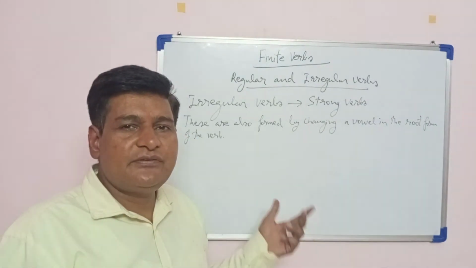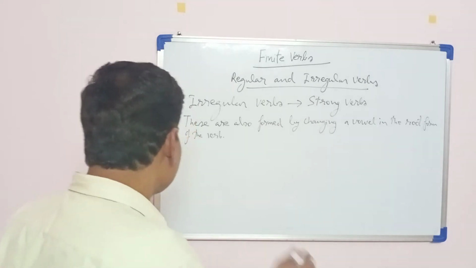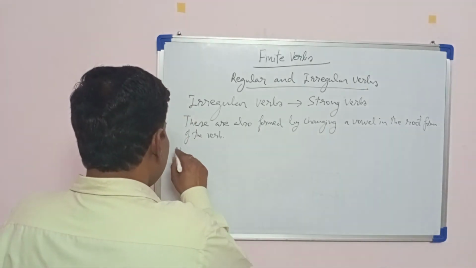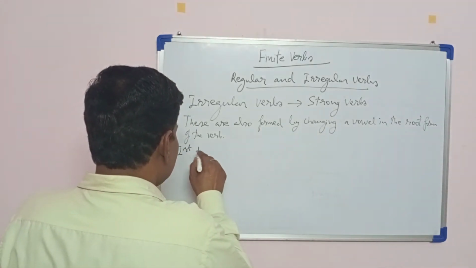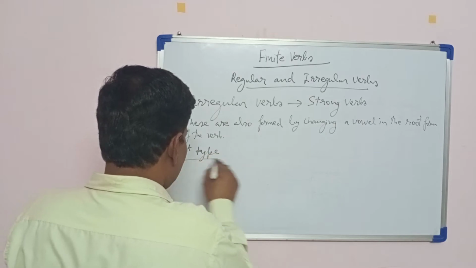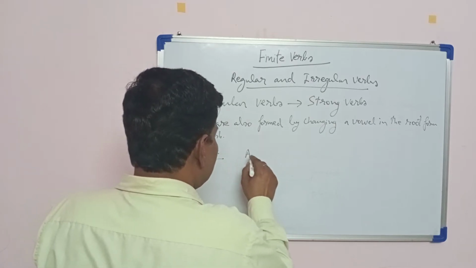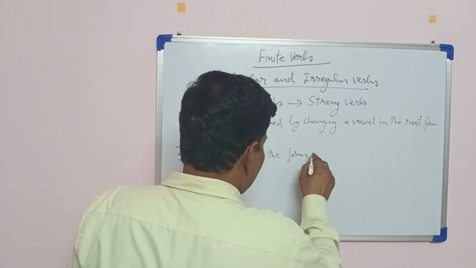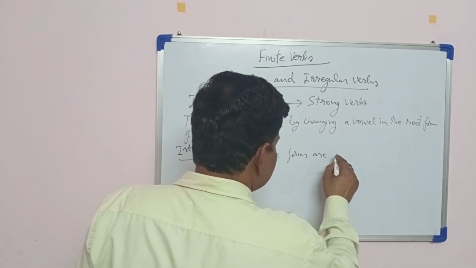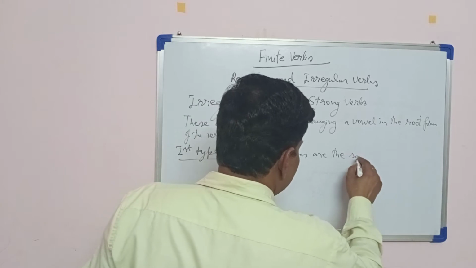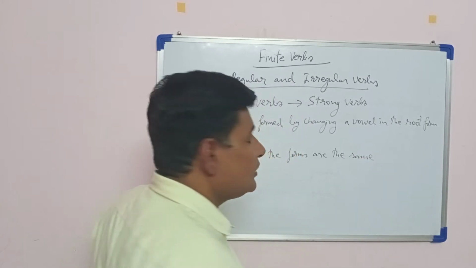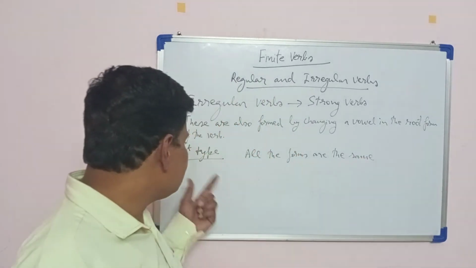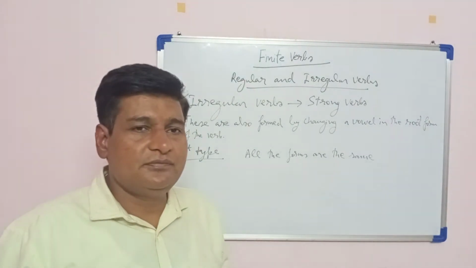So let us understand what are their types. First type, all the forms are the same. These are the first type of irregular verbs.